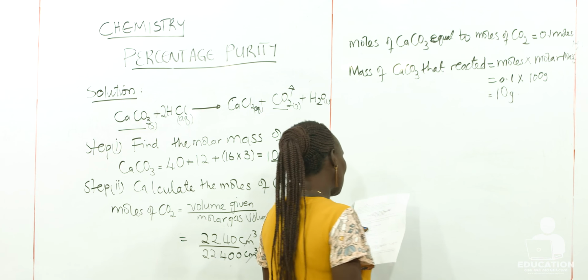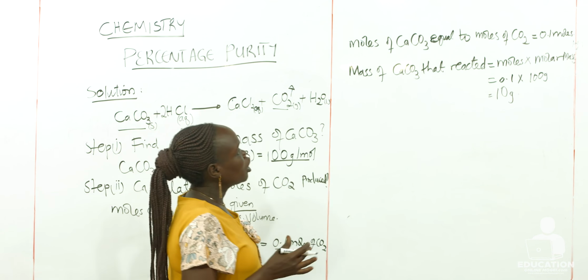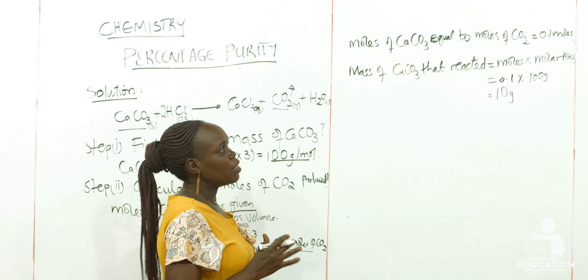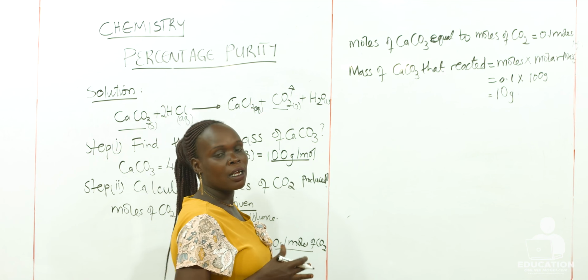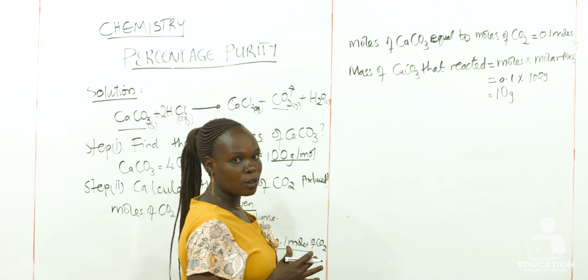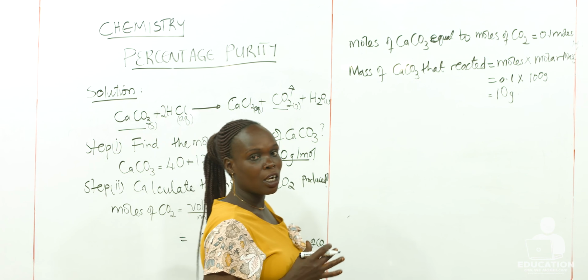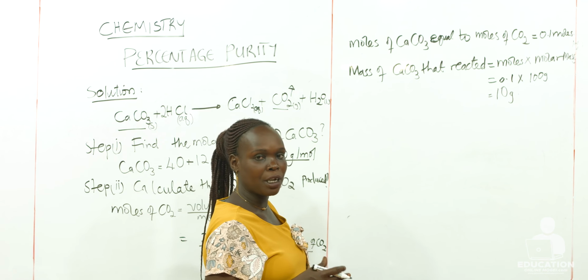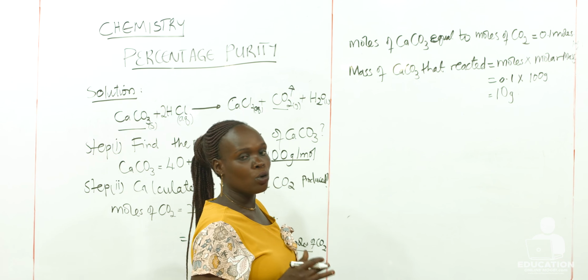So here 10 grams is the mass of calcium carbonate that reacted to give us calcium chloride, carbon dioxide, which is the main product that we need, and water.